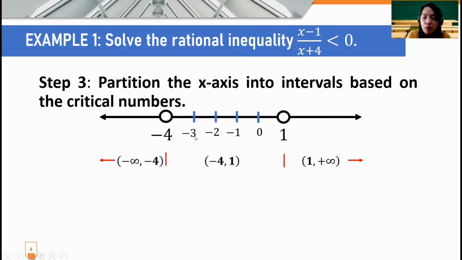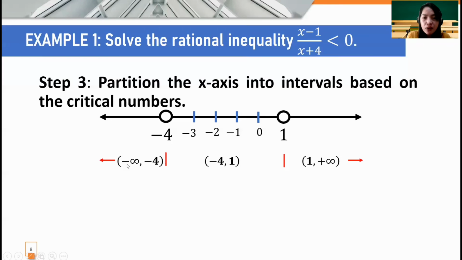Meaning, yung mga numbers between negative 4 and 1, yun yung mga pwedeng maging solution set, kasama sa magiging solution set. From positive 1 naman hanggang positive infinity yung ikatlong interval. Take note na yung 1, ang nasa taas niya ay open circle, so ang gagamitin natin ay parenthesis. At yung katabi ng infinity, palaging parenthesis.